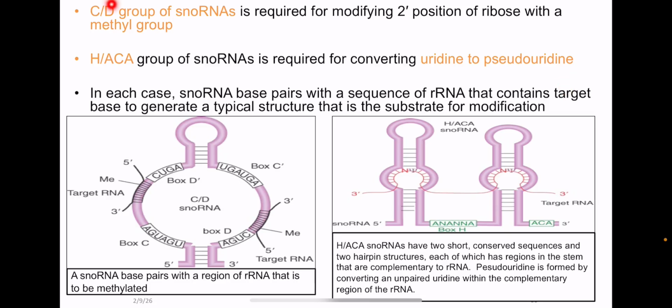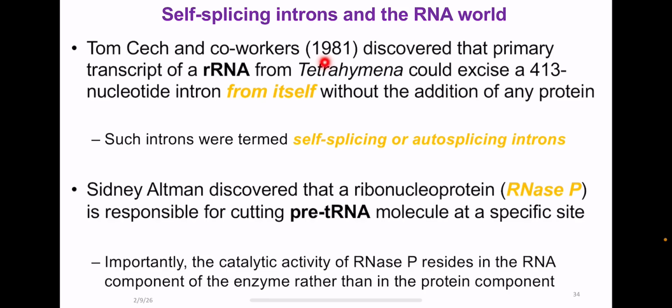So these are portions of snoRNAs that do modification on rRNAs. The CD group of snoRNAs does methylation, and the H/ACA group does conversion of uridine to pseudouridine.